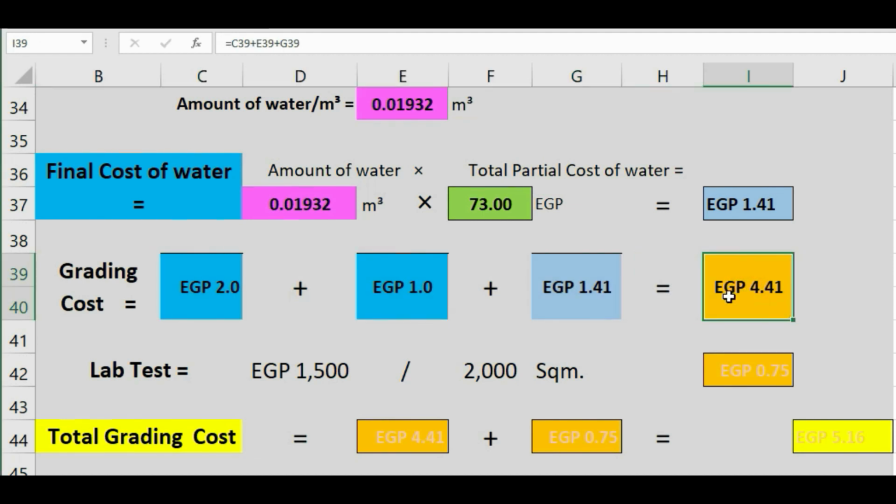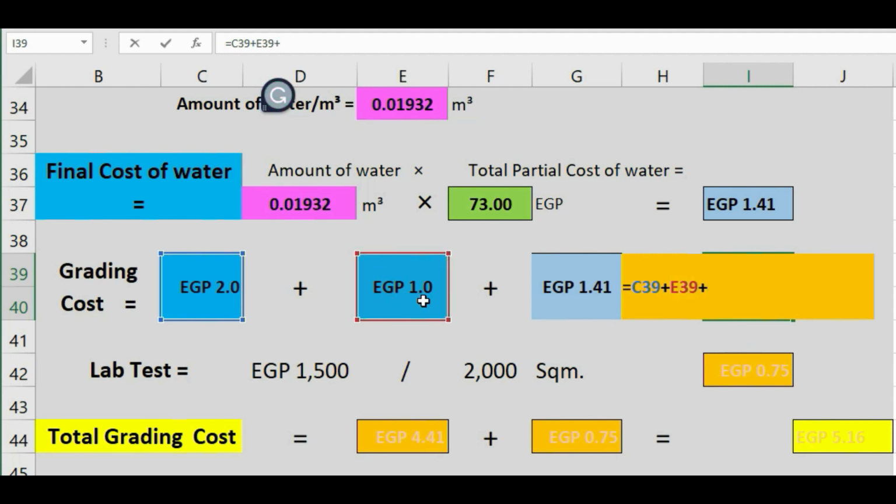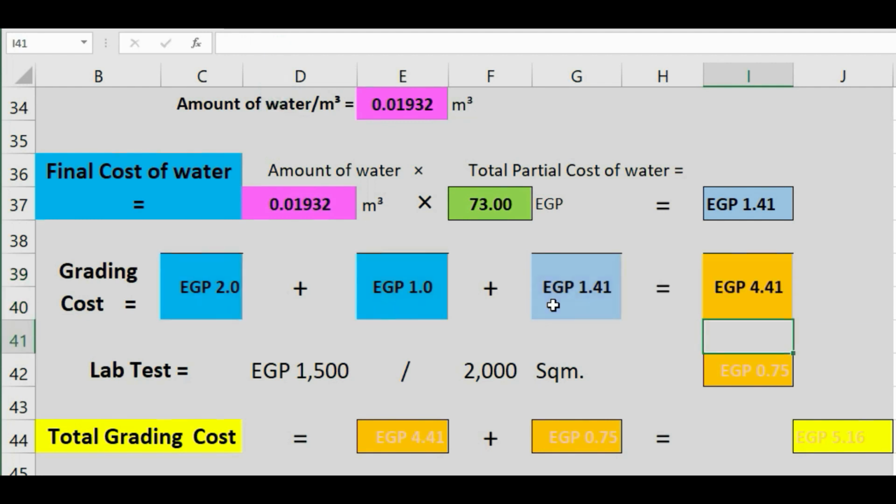Let's check. Equals 2 plus 1 plus 1.41. We have here the total grading cost is 4.41.